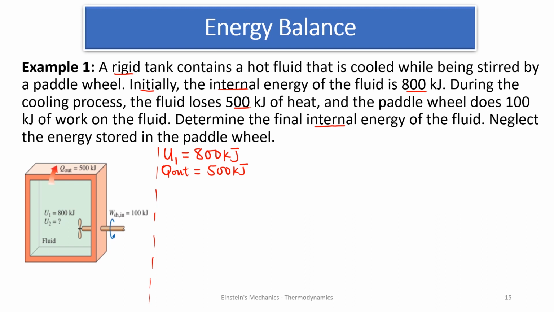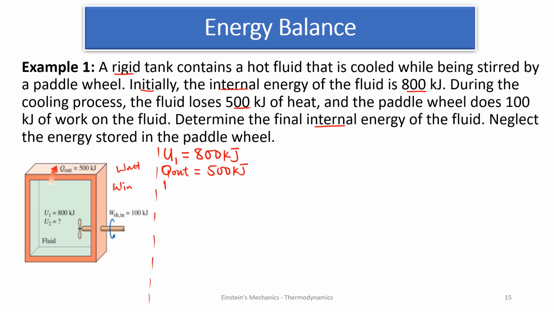So this paddle, looking at the system, is doing 100 kJ of work on the fluid. So anytime work is done on the fluid or on the system, it is work in. Anytime work is done by the system, it is work out. So the paddle is doing work on the fluid, so that will be work in.